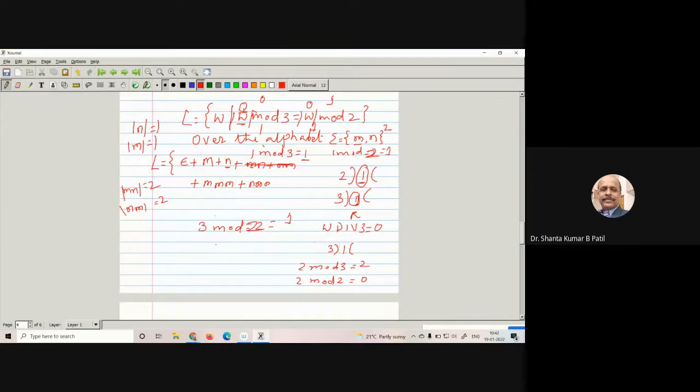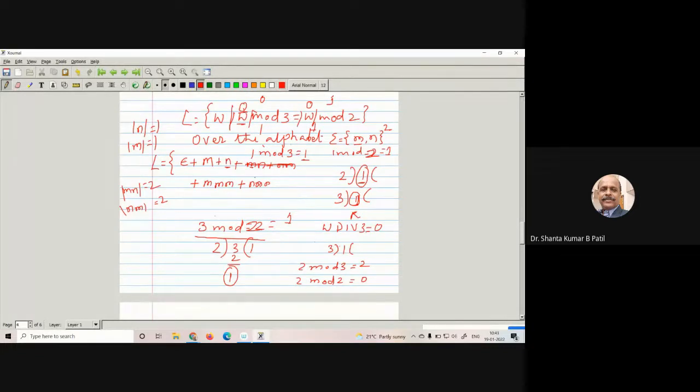Why? Because if you are dividing 3 by 2, the quotient is 1 and the remainder will be 1.